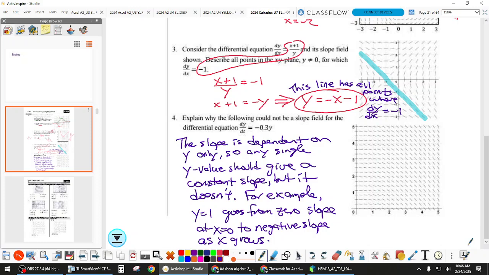Well, I feel like I can do the same at (0, 1), because if your y value is 1, your slope should be 0.3. But at (0, 1), it's obviously probably 0. That's a better one, because you can clearly see that that one's 0. Like at (0, 5), it has to be negative 1.5. Yeah, that's probably a better one.